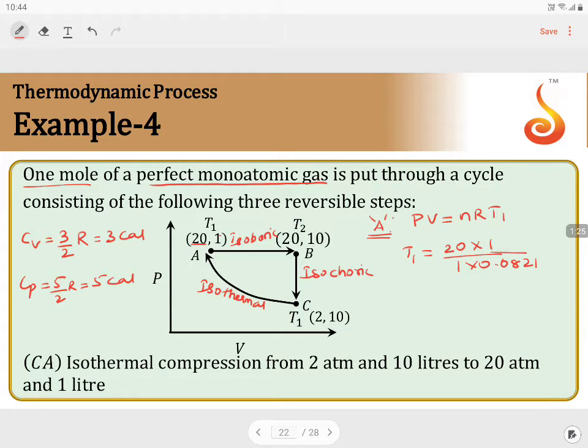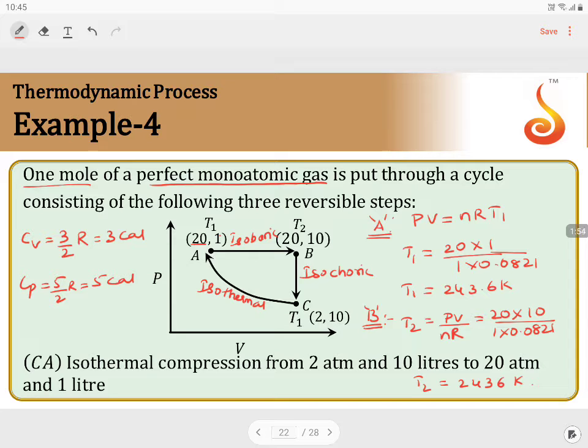So we get T1 equal to 243.6 Kelvin. Same way at point B, T2 will be equal to PV by nR. Substituting 20 into 10 by 1 into 0.0821, you will get T2 as 2436 Kelvin.